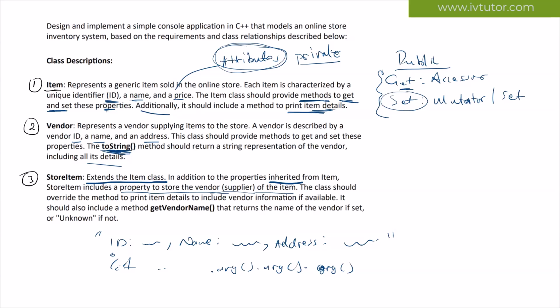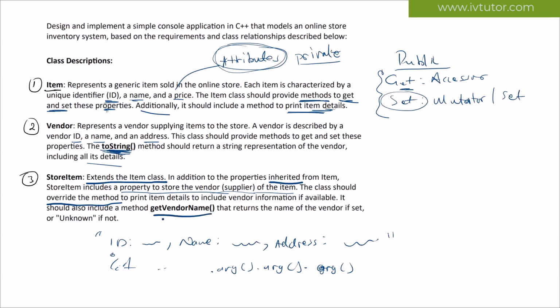The class should override. Ooh, there's another thing as well that we need to learn. What's overriding? The method, okay, to print item details to include vendor information if available. It should also include, oh, there's another method, getVendorName.